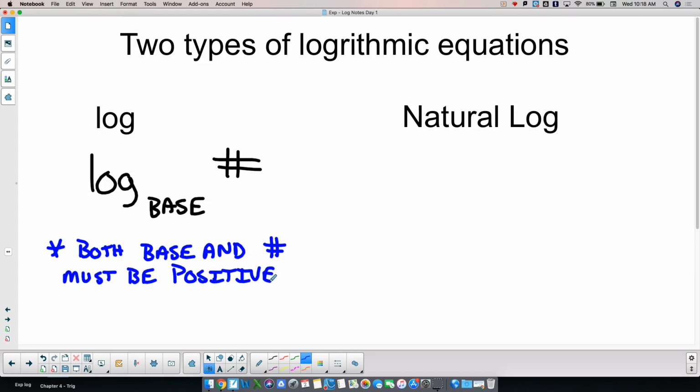Both the base and the number must be positive. If they're not positive, you can't do it.